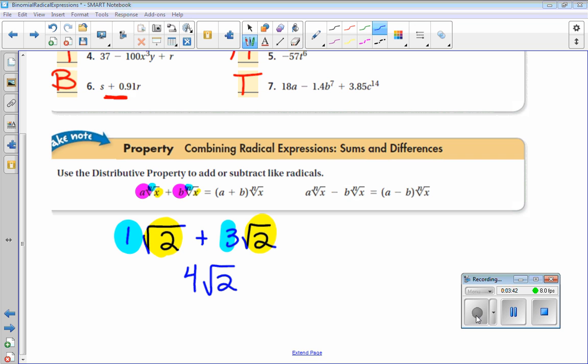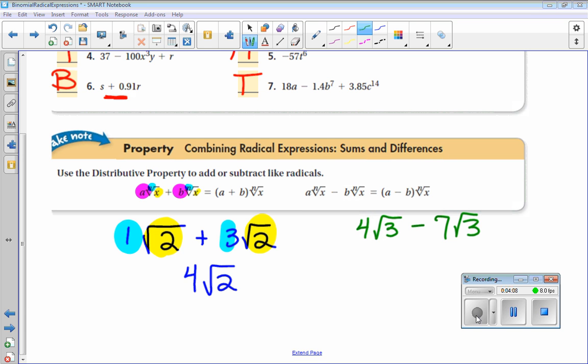Okay? And we can do the same thing over on the right side here in the notes if we subtracted them. So for example, if I had 4 square roots of 3 minus 7 square roots of 3, what would my answer be? Can I subtract them? Can I go from a binomial to a monomial?